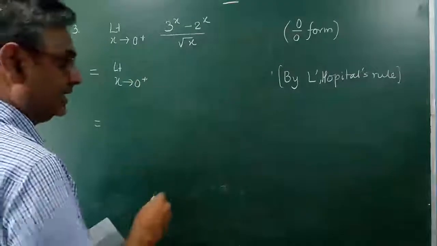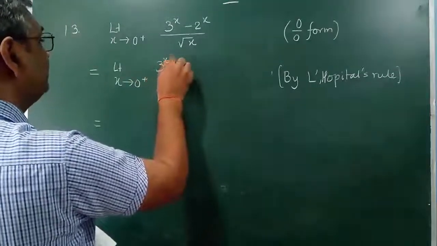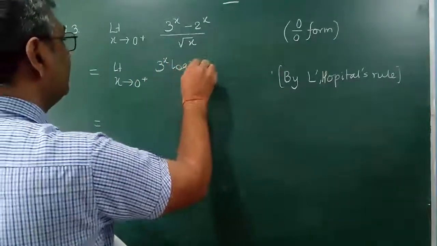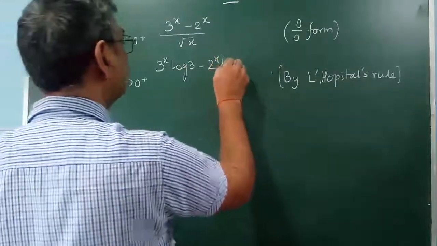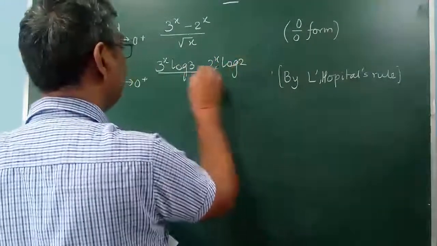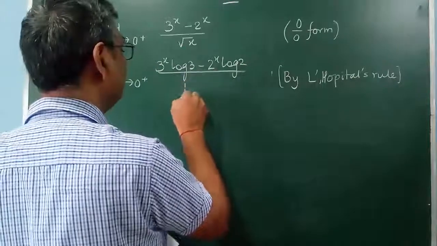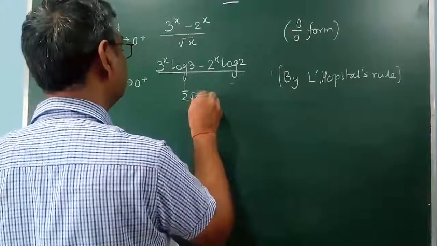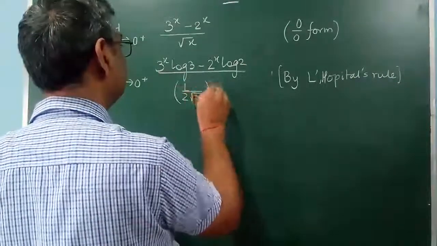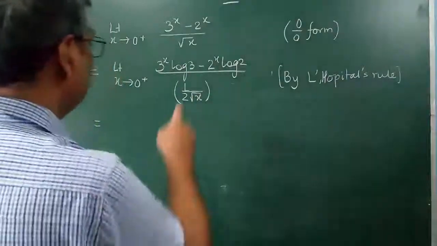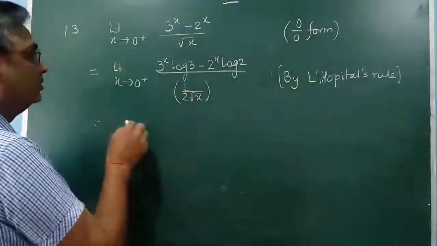This is 3 to power x. Differentiation of 3 to power x is 3 to power x log 3, minus 2 to power x log 2, upon 1 by 2 root x, because differentiation of root x is 1 by 2 root x.